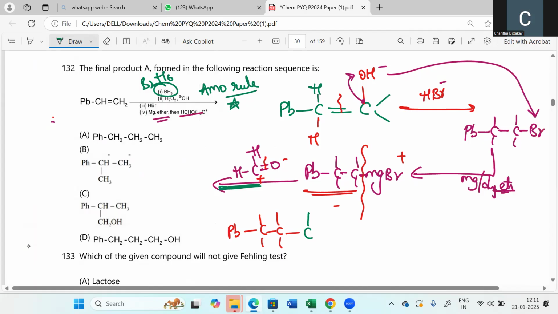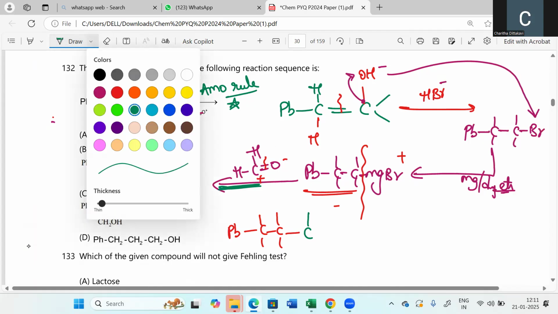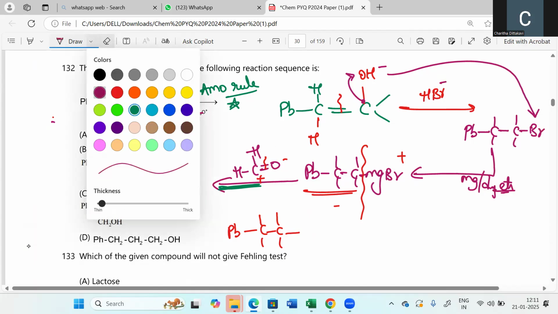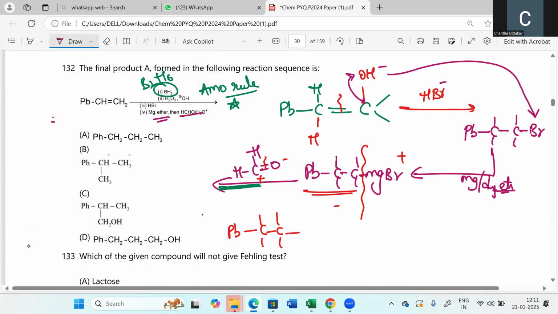Sorry, with C and then O and this. One second. So on O minus you will have the C, and on O minus your H comes. This is what you will get: PB with 1, 2, 3 carbons with CH2 and then OH. Yes, this is what we got.